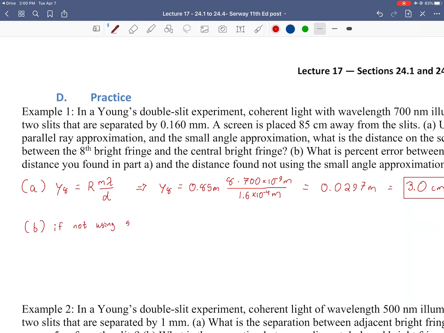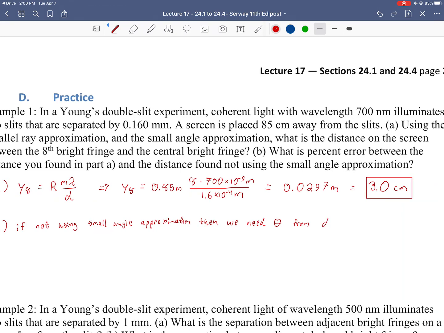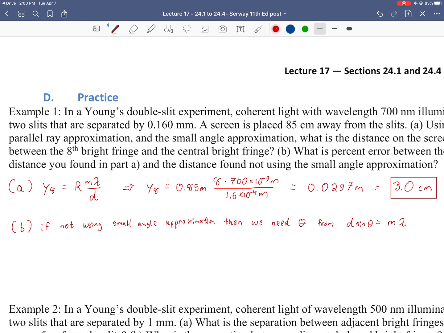So if we're not using the small angle approximation, then we need theta from d sine theta equals m lambda.